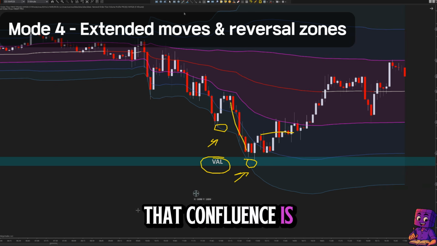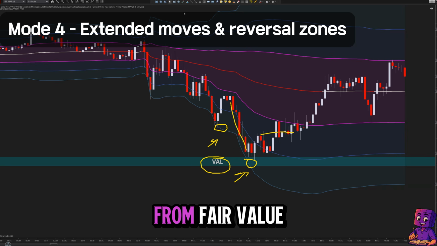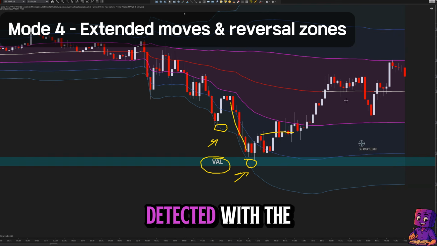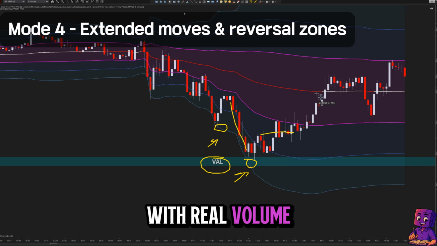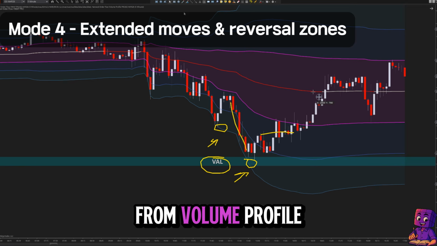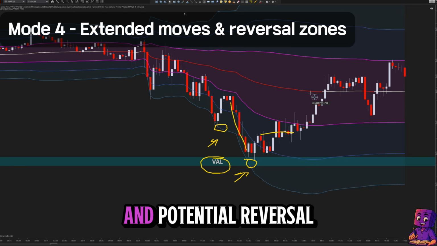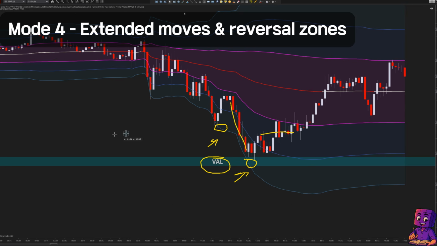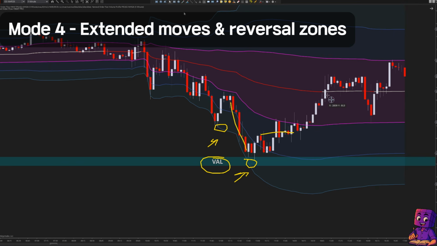That confluence is powerful because you are combining extension away from fair value, detected with the help of VWAP bands, with real volume-based zones from volume profile. This is where you start seeing exhaustion, failure to continue, and potential reversal conditions. The best approach is to combine VWAP with volume profile zones.